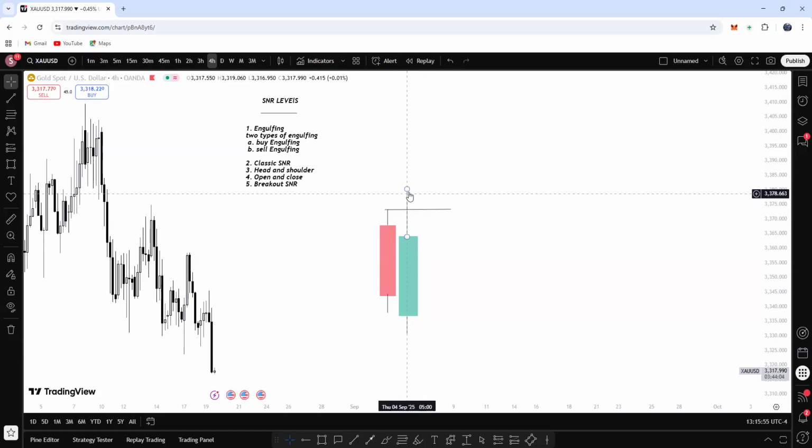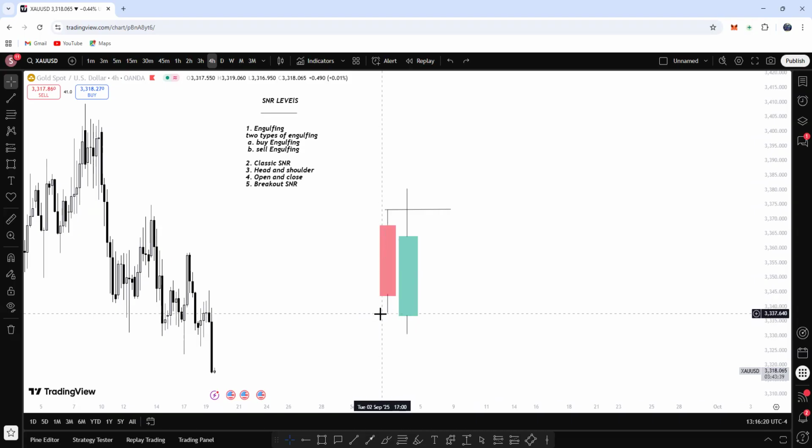Once they wick above it, they don't necessarily need to close above it. Wicking above it is okay. Then you don't have business with the other side, maybe the down part.